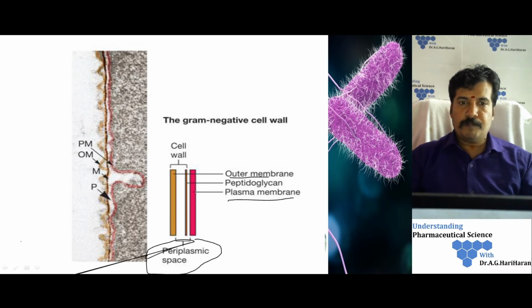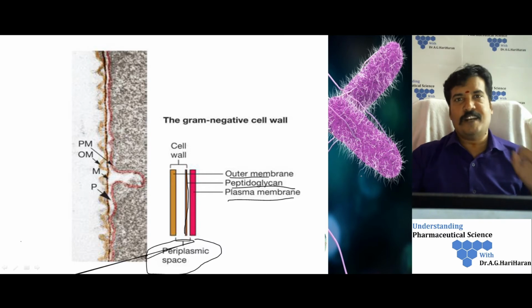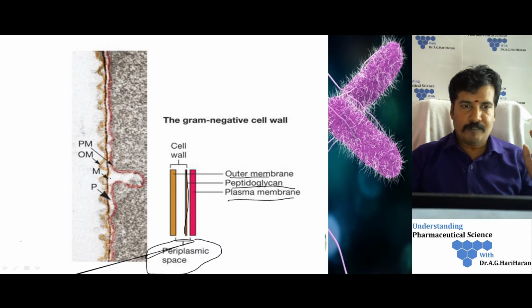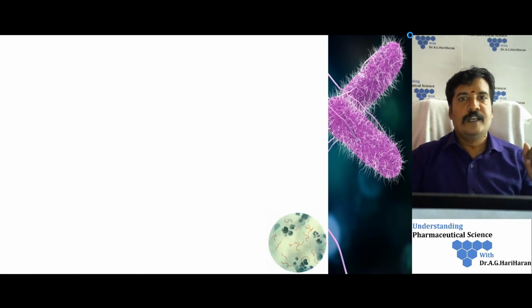A thin layer of peptidoglycan will be there. So the gram negative cell wall has 3 layers: plasma membrane, peptidoglycan and outer membrane. Between the plasma membrane and outer membrane, we have a periplasmic space. You can see this from the structure of the cell wall staining also, right?